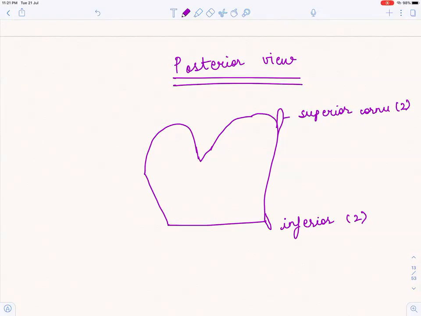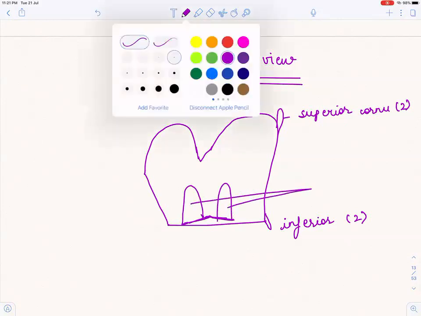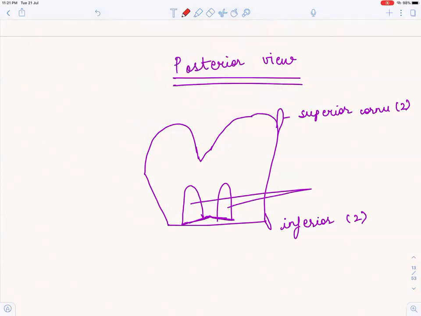And now there is this arytenoid cartilage. What shape is it? It is pyramidal in shape.